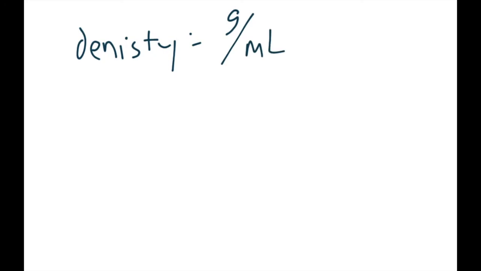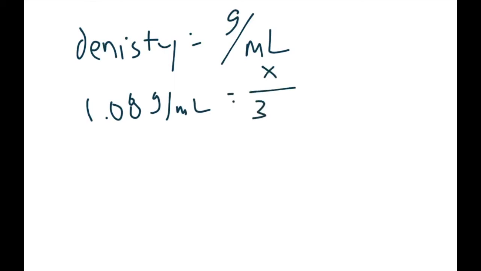So again, density equals grams per, in this case, mL. Your density is 1.08 grams per mL. You don't have the grams, but you have the milliliters, 330. Make sure I did that right, 330, good job me.